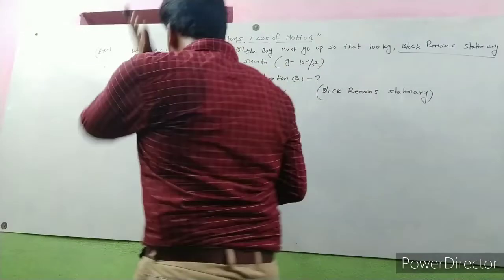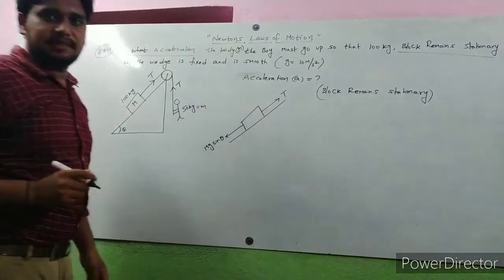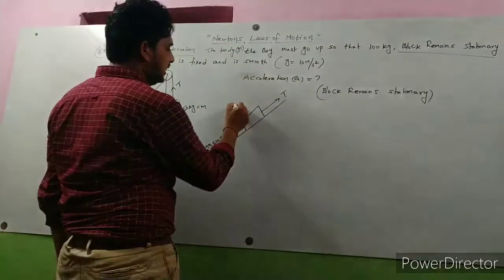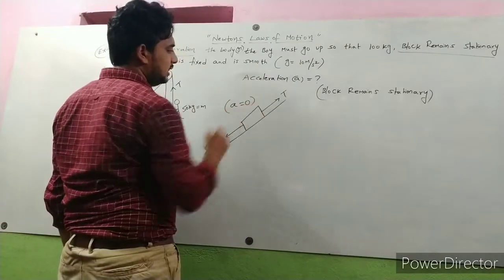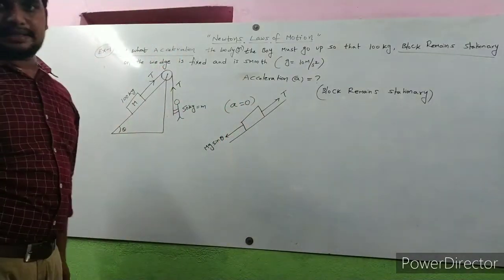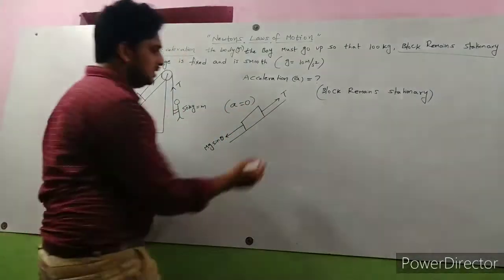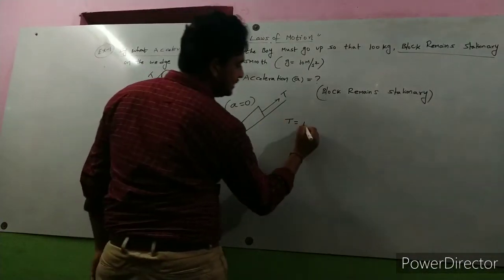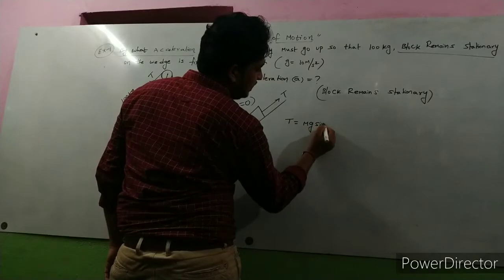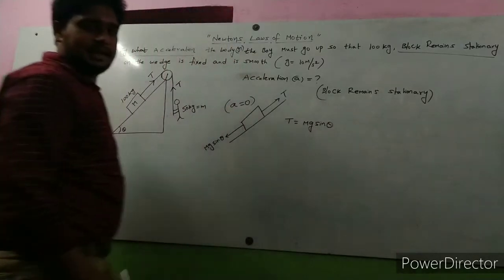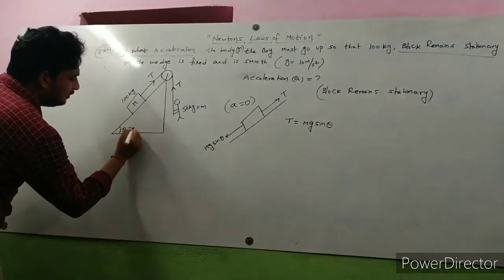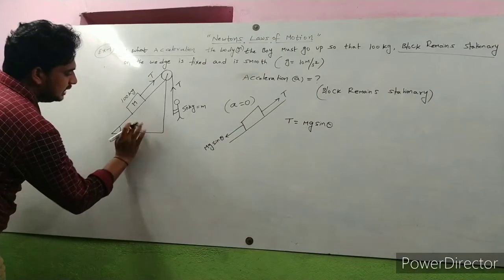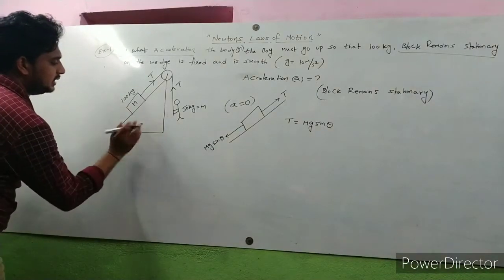That means acceleration is equal to 0. There is no acceleration. Observe carefully: upward force is equal to downward force, so T is equal to mg sin theta. Here the theta value is given as 53 degrees in this question.